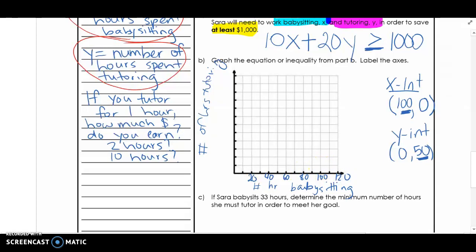And we know that 100, 0 is the x-intercept. On the y-axis, I'm going to go up by 5s because the y-intercept is not as large as the x-intercept, so I can go up by 5s and still have enough room to plot the y-intercept.